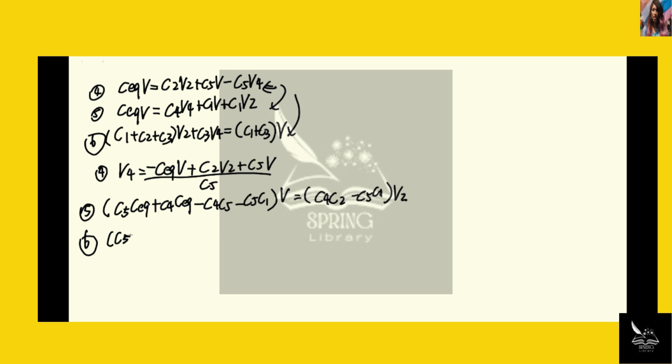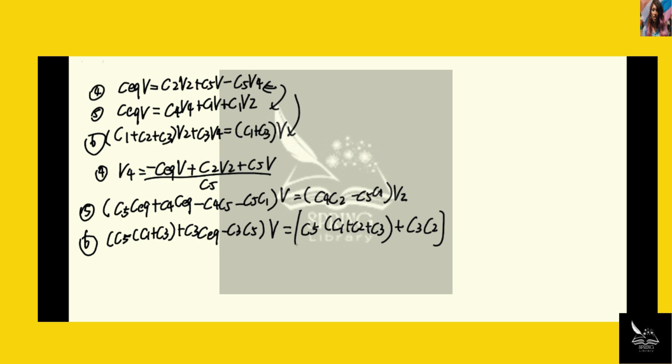C5, C1 plus C3 plus C3, C equivalent minus C3, C5, V equals C5, C1, C2, C3, C3, C2, V2.